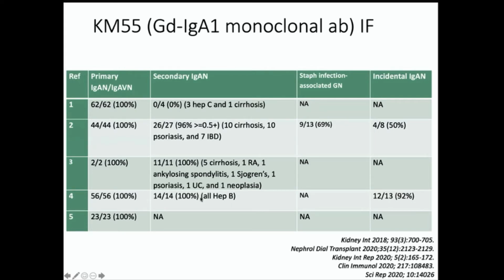Two of these studies show 100% staining, which means it's not specific, but the sensitivity is still there. For post-infectious GN, this study published in NDT by the Columbia group and the Ohio group has a variable staining pattern, variable positive cases.